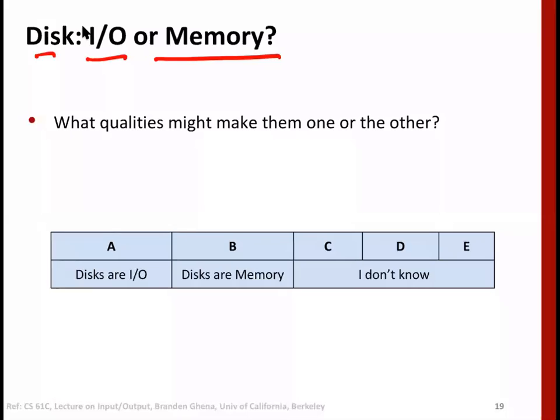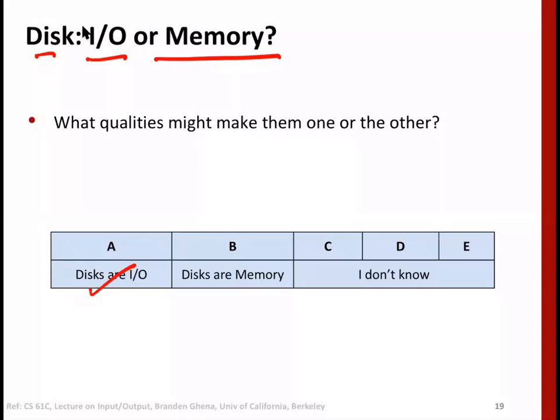Because CPU takes the input from the memory and then does some register operations. Yeah, that's right, absolutely right. So disks are actually IO. These are not memory. The way you answered is correct. The reason is that within a cycle, memory gives the data to the CPU.